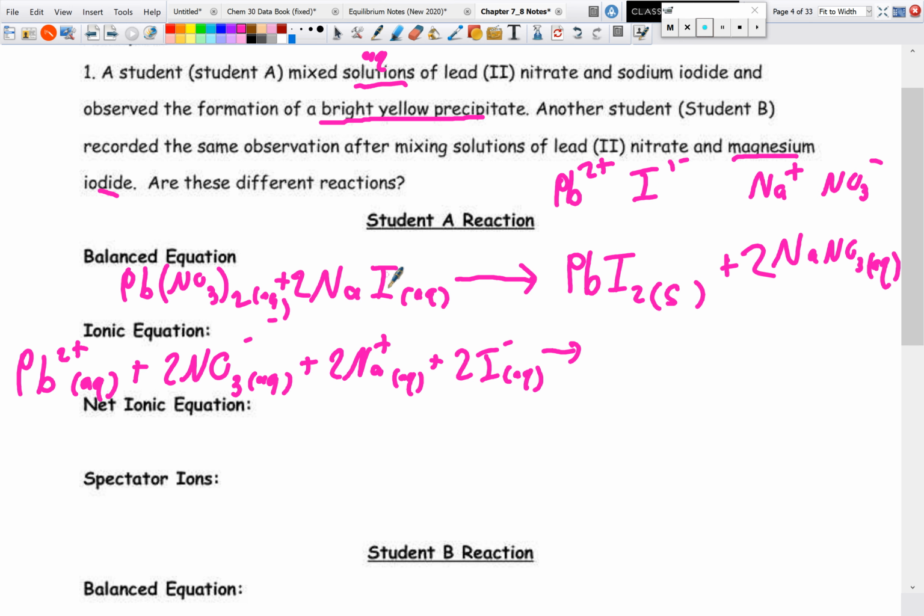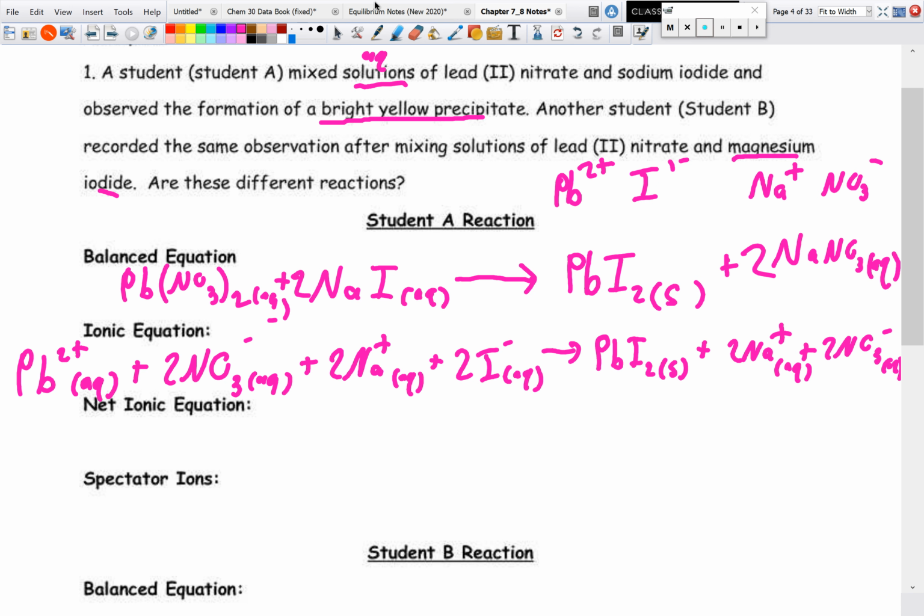Because we have 2 sodium and 2 iodines, so 2 sodiums and 2 iodines. Finally, our lead iodide, this one stayed as a solid, so we keep PbI2 as a solid, and then this one's aqueous, so we dissociate that as well.